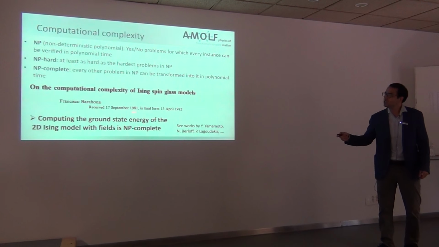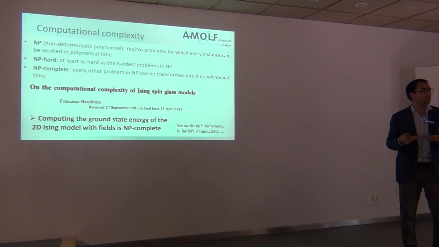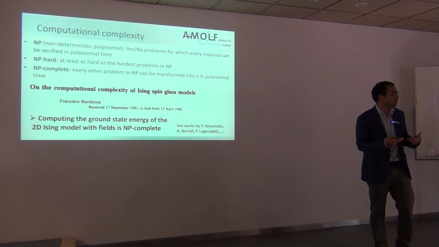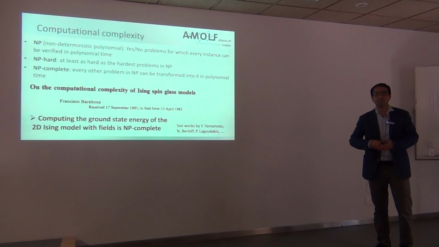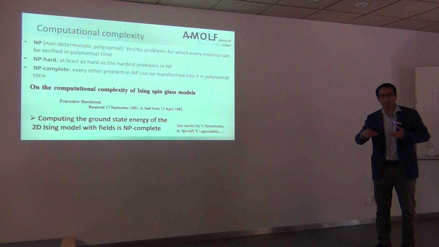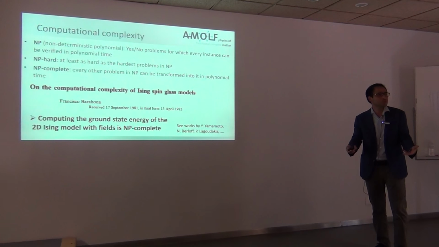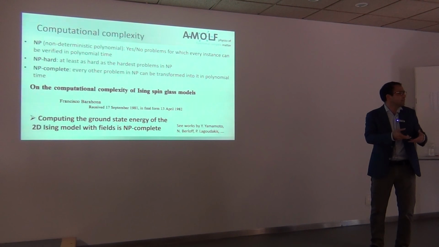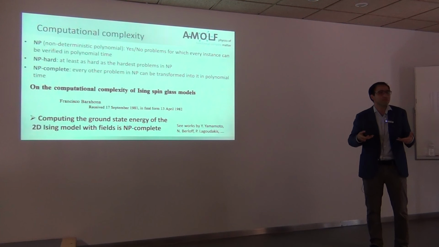And so this result has motivated a lot of very interesting developments in many fields to find systems, so-called simulators, where you can realize your Ising Hamiltonian and find the ground state energy of the Hamiltonian. This ground state energy is basically the solution to the problem that you are looking for. And the problem is basically defined by the interactions, which are the couplings and the fields and so on.